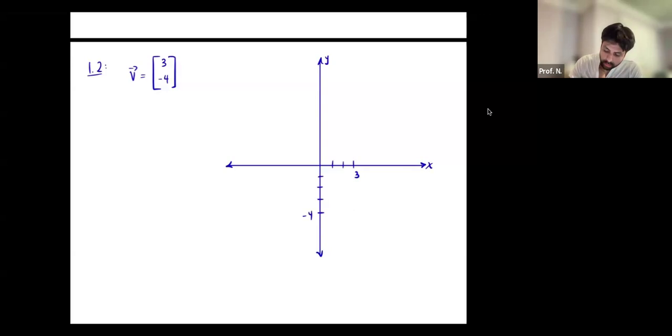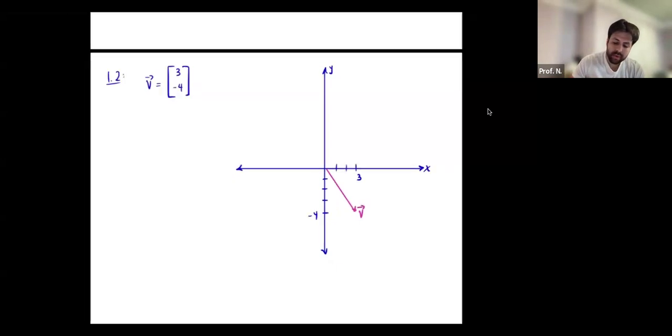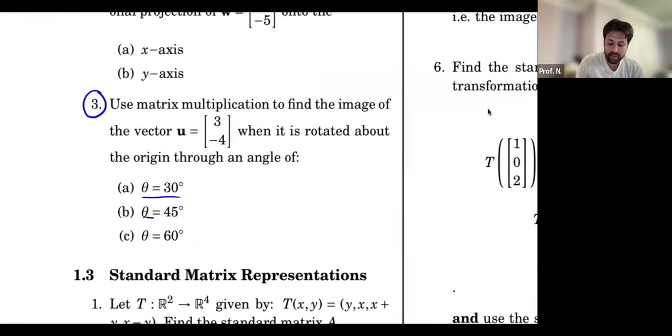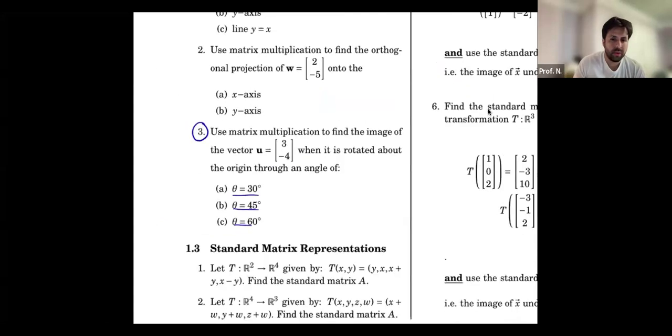So V is here. And what do I want to do? I want to rotate this through different angles.